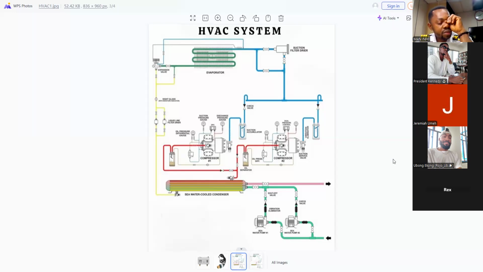I don't know where to start from. The sensing bulb is attached to your thermostatic expansion valve, which regulates the pressure based on the sensing bulb.